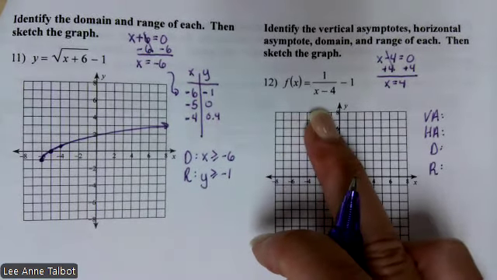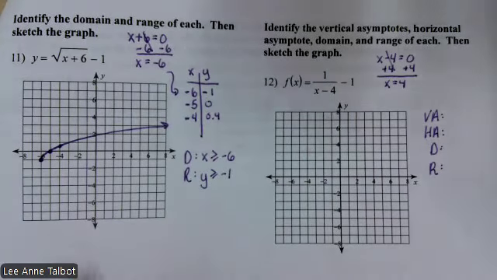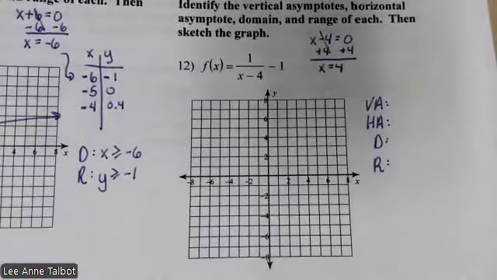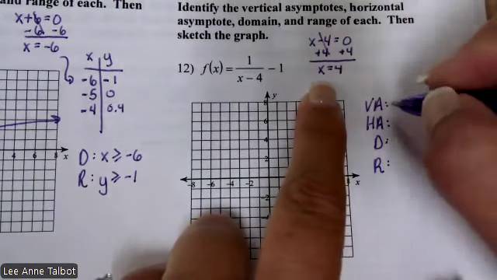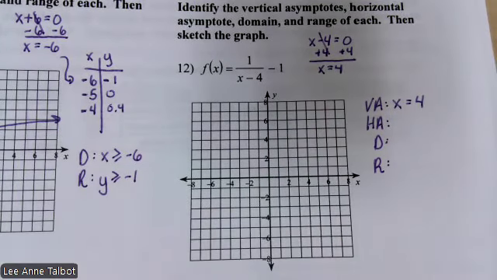What is this thing? Called a rational function. Rational function. It's a hyperbola shape. Okay, so what you do is you set the bottom equal to 0, and that means there's a vertical asymptote at x equals 4.